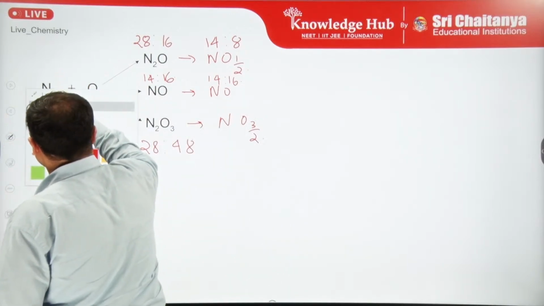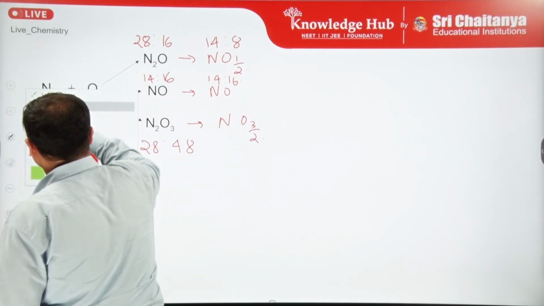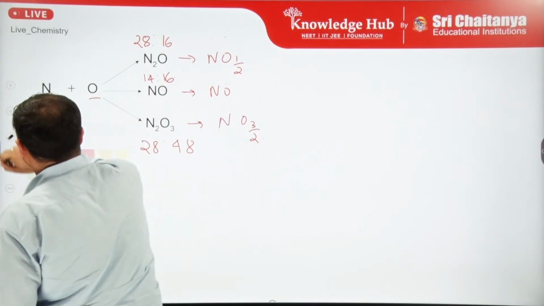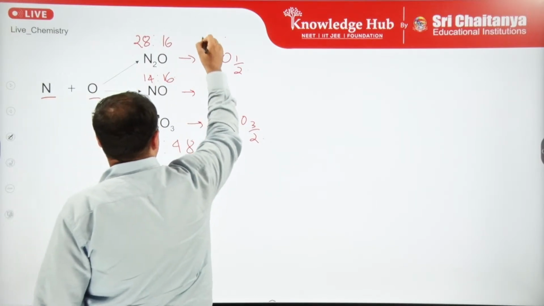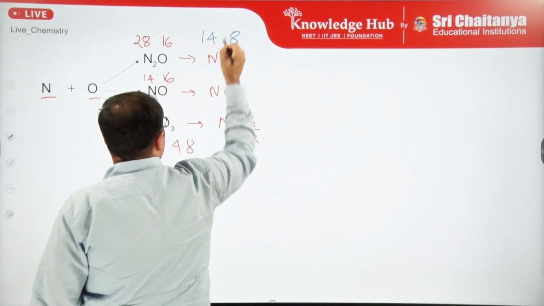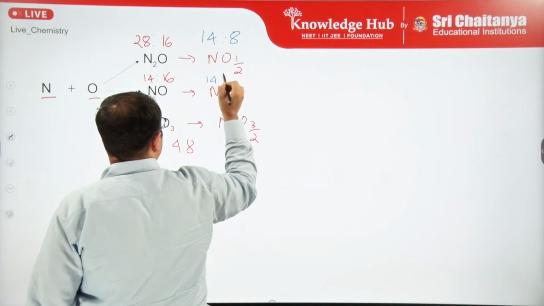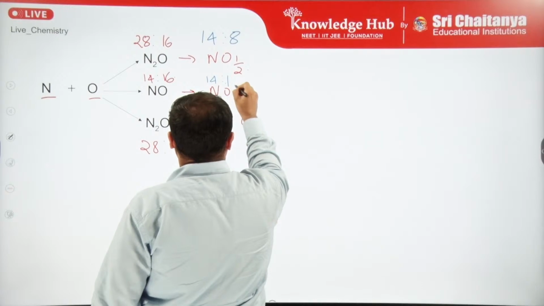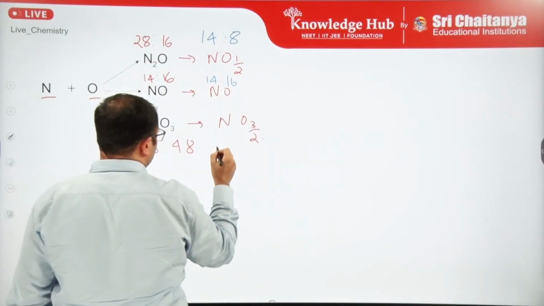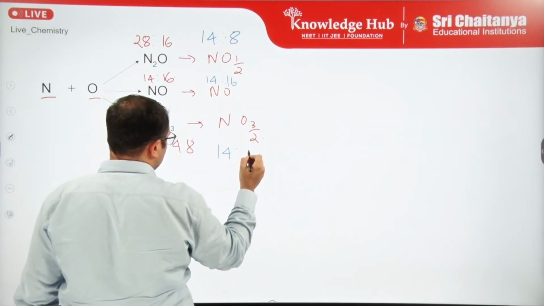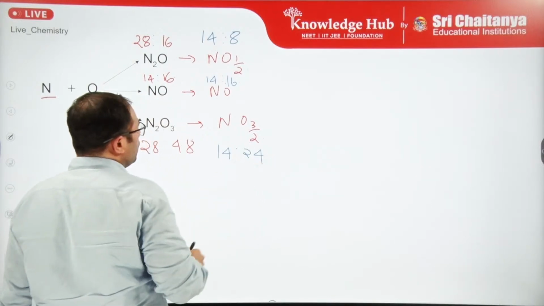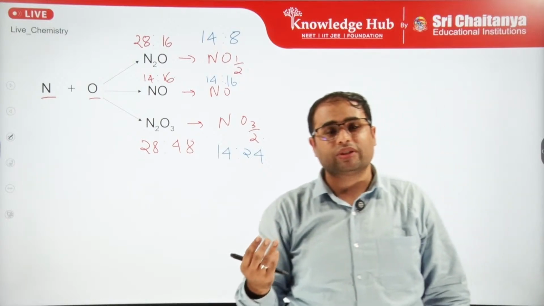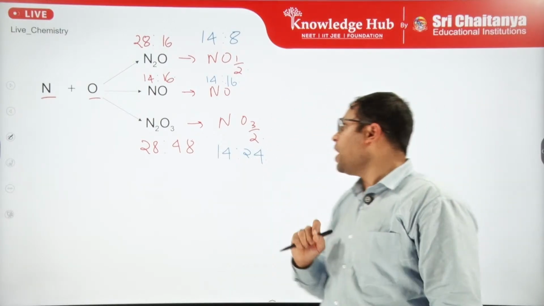Let us write these things here. We use a different color also, so things will be clearer. 14 is to 8. This is 14 is to 16, and this becomes 14 is to 24. So now we have two elements forming more than two compounds, that is, they are forming three compounds.